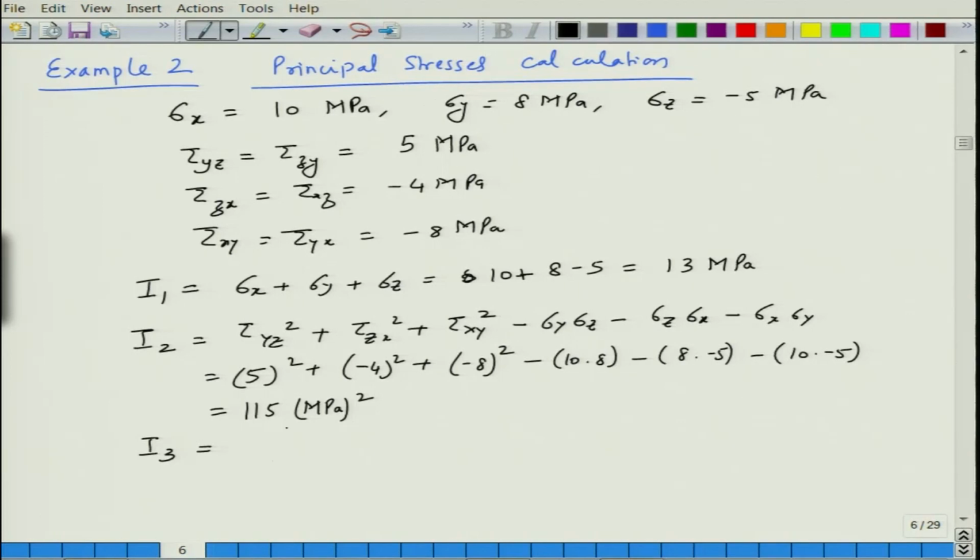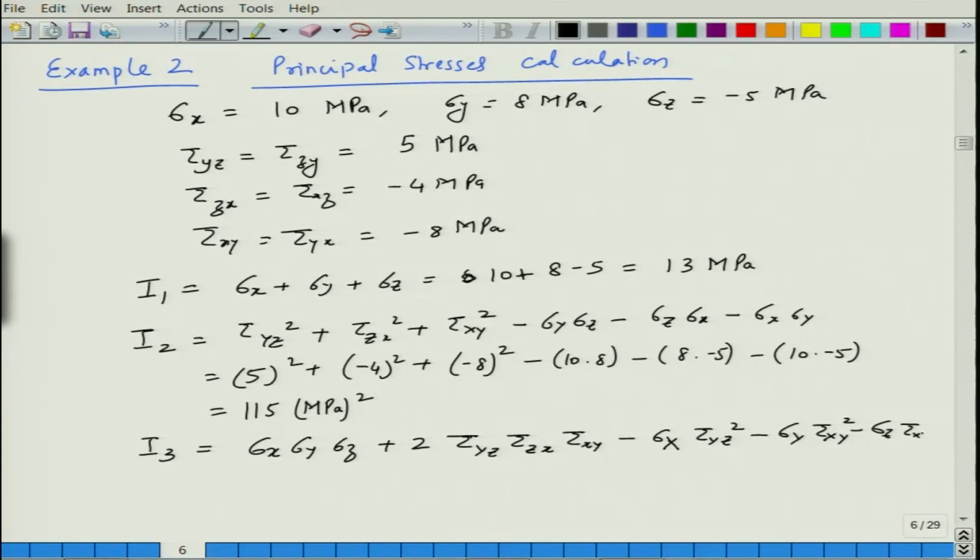And I3, as we know, is sigma x, sigma y, sigma z plus we can write tau yz, tau zx, tau xy minus sigma x into tau yz square minus sigma y into tau xy square minus sigma z into tau xz square. Okay.